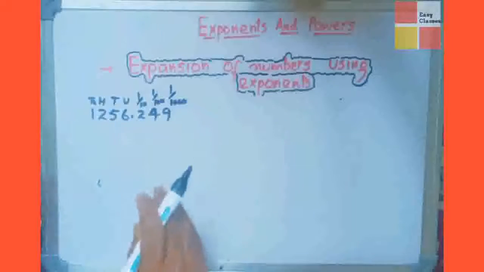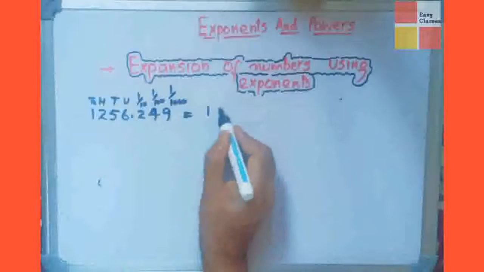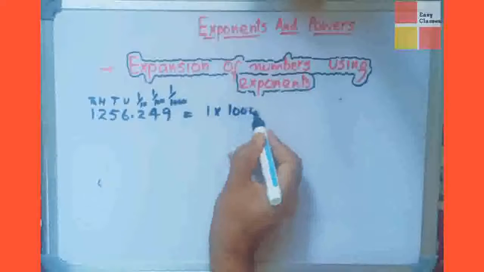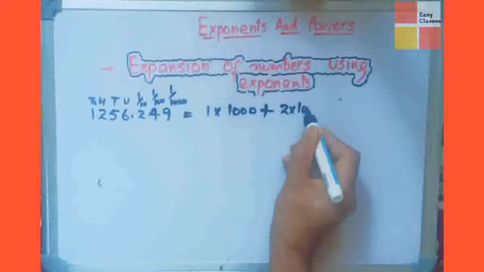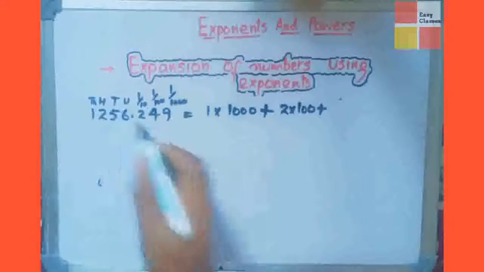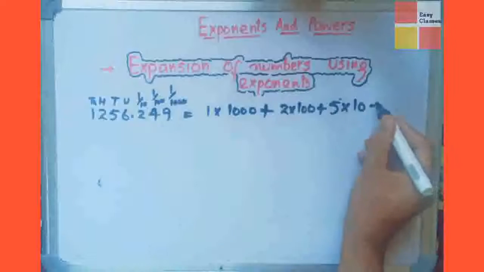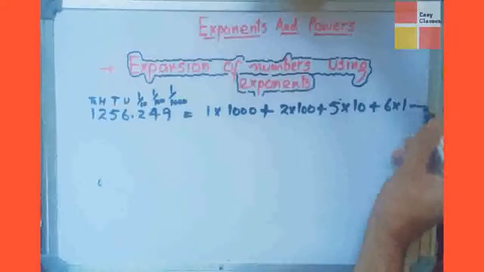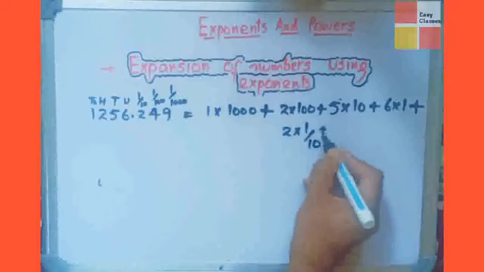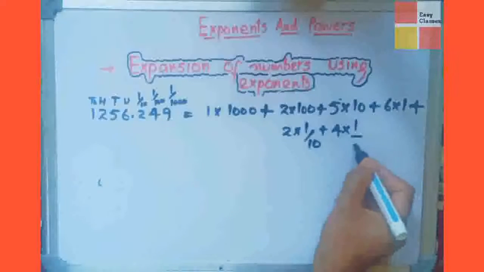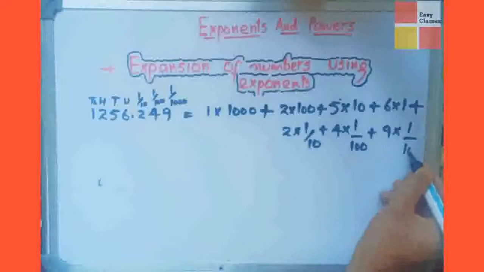Okay, let's expand this. 1 into 1000, plus 2 into 100, plus 5 into 10, plus 6 into 1, plus 2 into 1 by 10 plus 4 into 1 by 100 plus 9 into 1 by 1000.